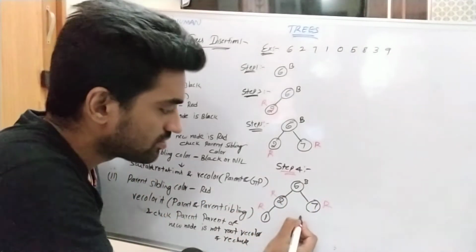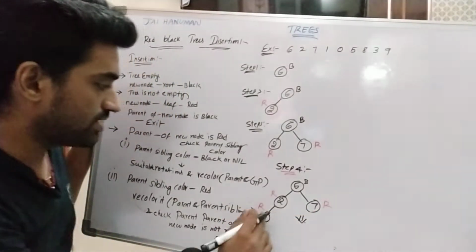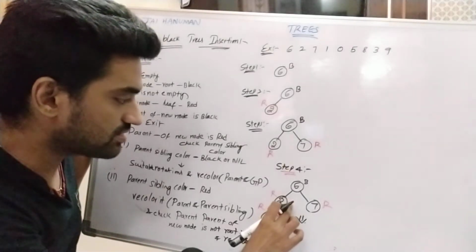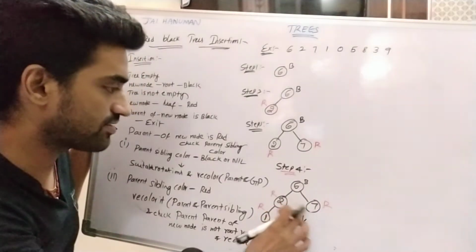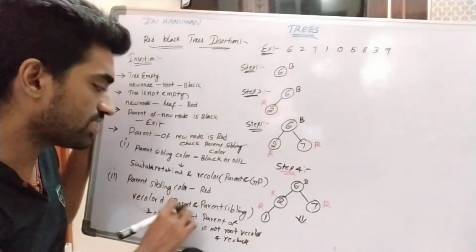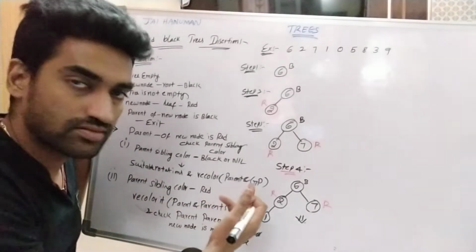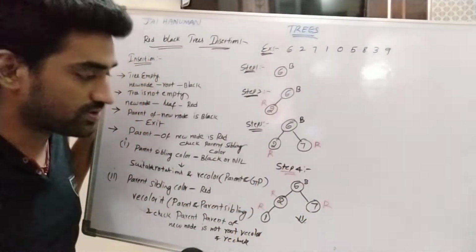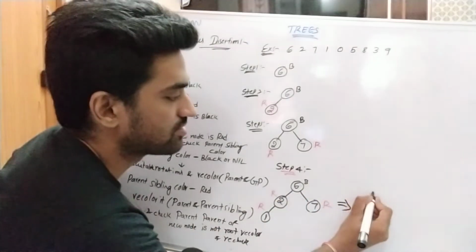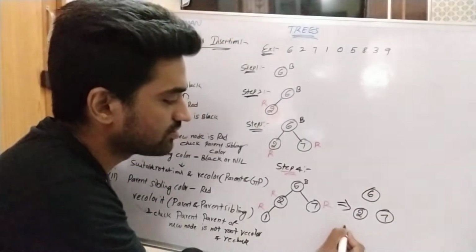Now the tree becomes like this. Since the parent's sibling is red, we perform recoloring of the parent and parent's sibling. Again we check one more condition. First of all I am recoloring the parent and parent's sibling nodes: 6, 2, 7, 1.